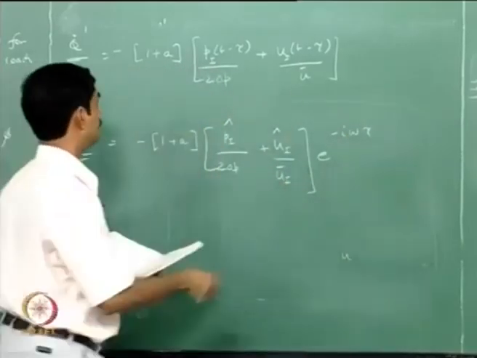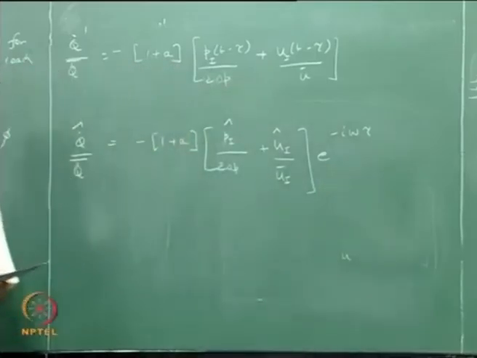So in the frequency domain this t minus tau will translate to e power minus i omega tau.